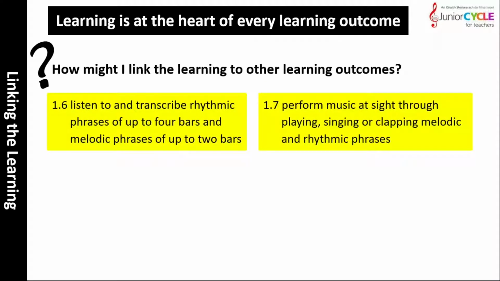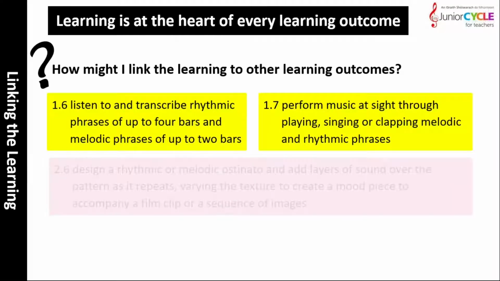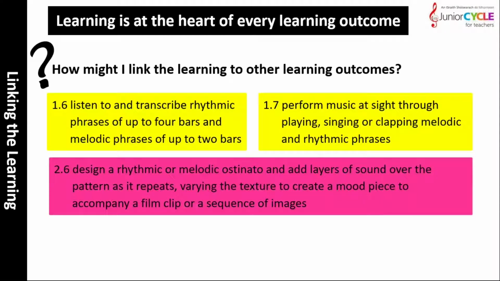Returning to our rhythmic and melodic phrases from earlier, we might consider that 4 bars of rhythm and 2 bars of melody would lend themselves very well to the creation of ostinati. Take a look at 2.6. Would the learning here complement the learning already evidenced in 1.6 and 1.7?